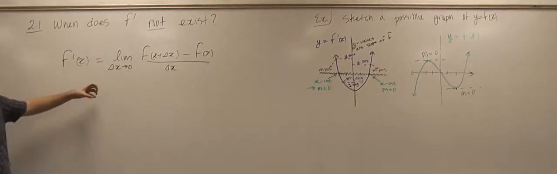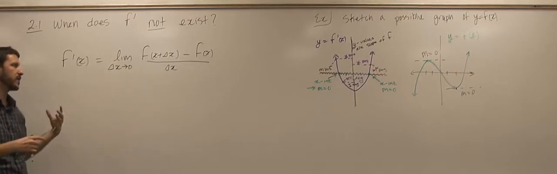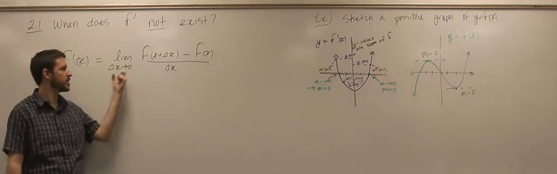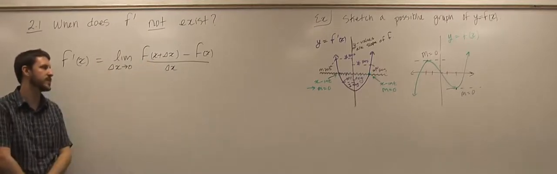And there are certain times where this limit just cannot exist. So what we're trying to do is characterize which kind of functions, or what kind of points on a function, will not allow this limit to exist.